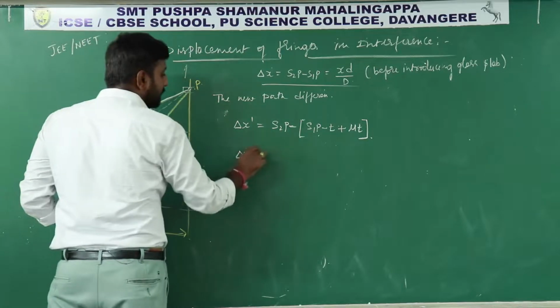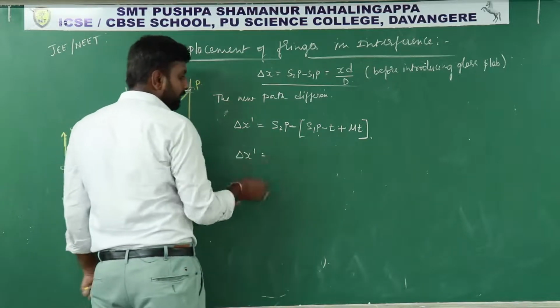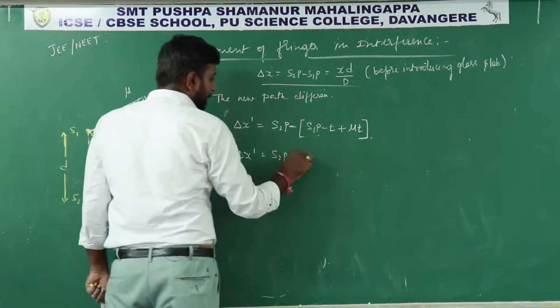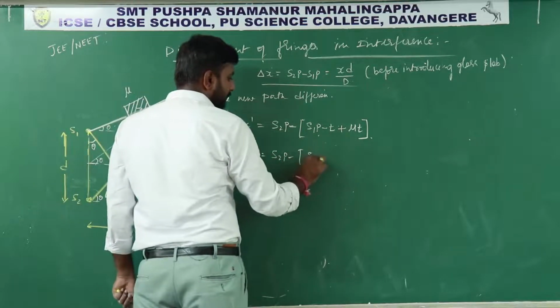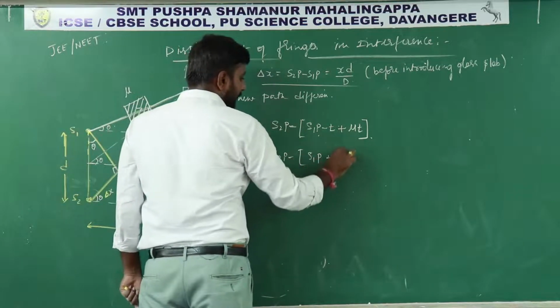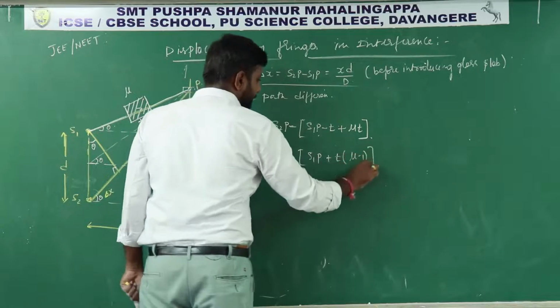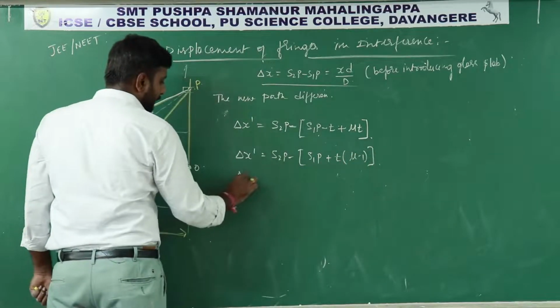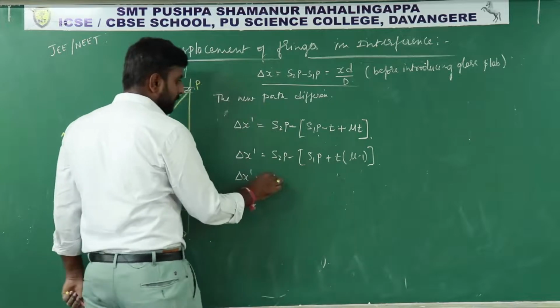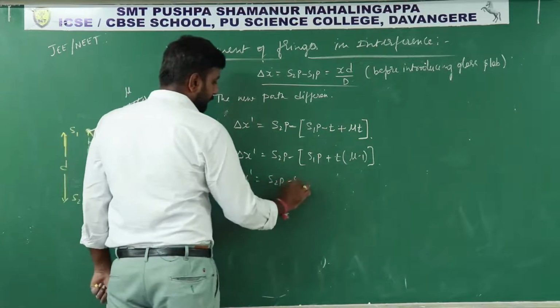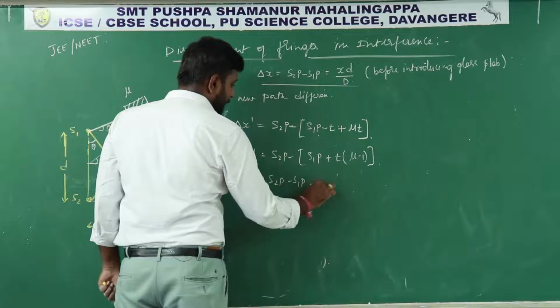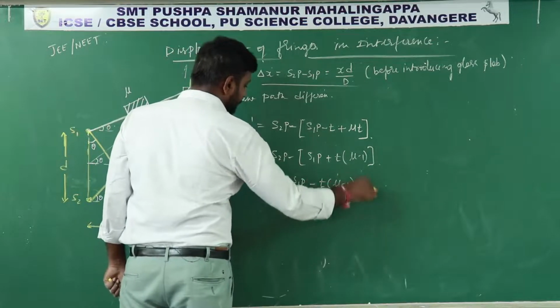Then delta x dash, the new path difference, is S2P minus S1P plus t of mu minus 1. So the path difference delta x dash is S2P minus S1P minus t of mu minus 1.